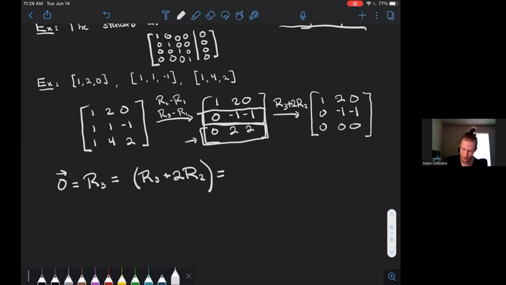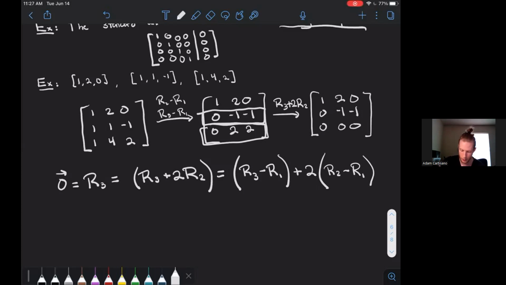The middle row 3 was the original row 3 minus the original row 1, and this middle row 2 was the original row 2 minus the original row 1.